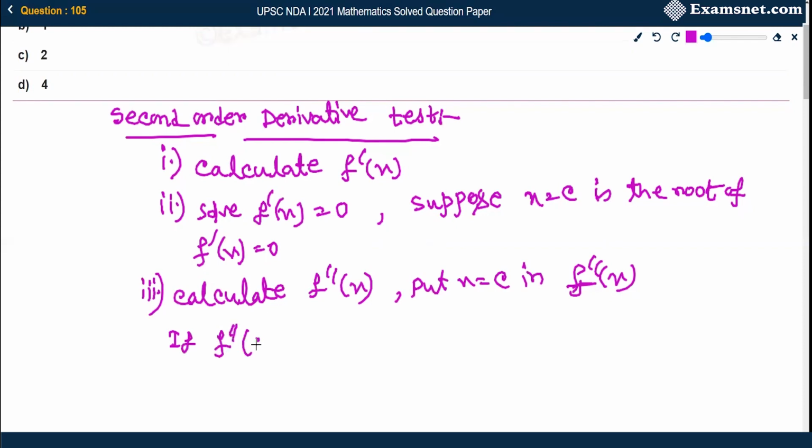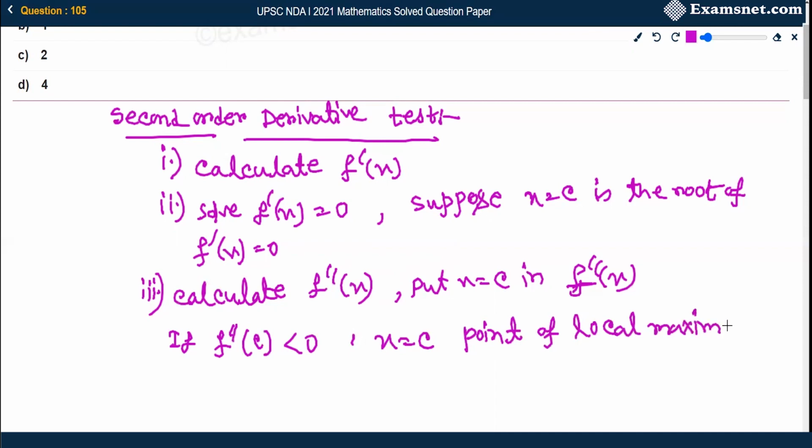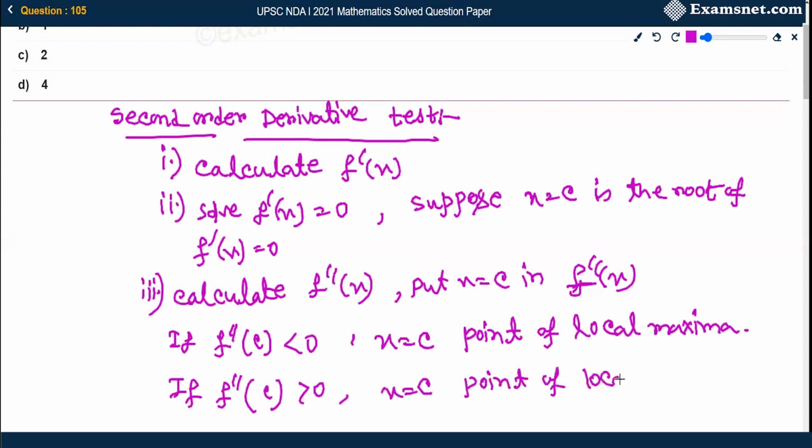If f double dash c is less than 0, then we can say x equals c is a point of local maxima. If f double dash c is greater than 0, then x equals c is a point of local minima.